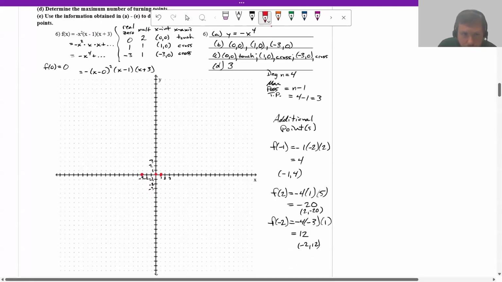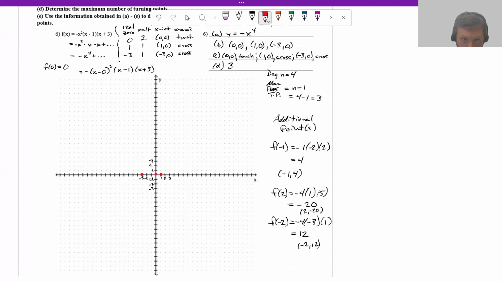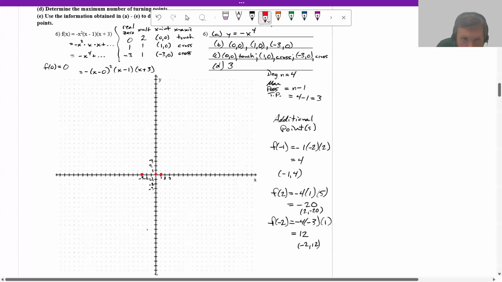Let's see, -2, 12. And let's see, -1, +4.